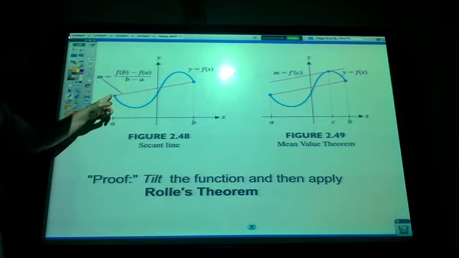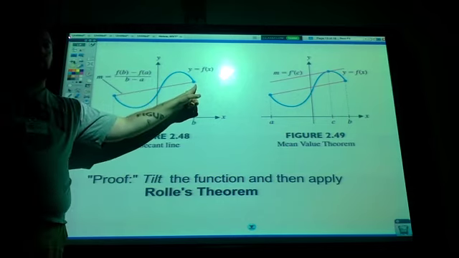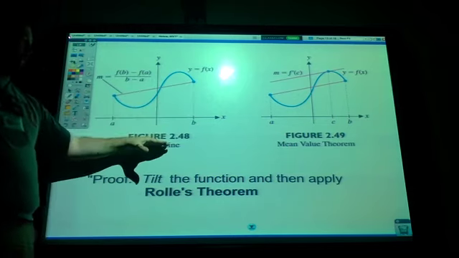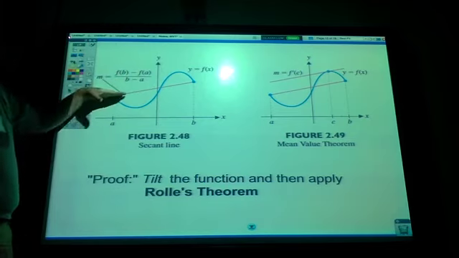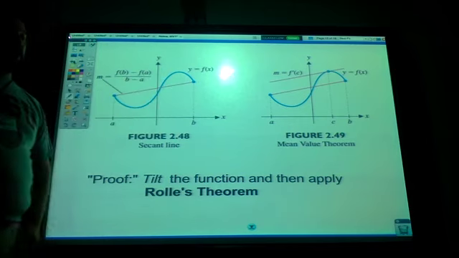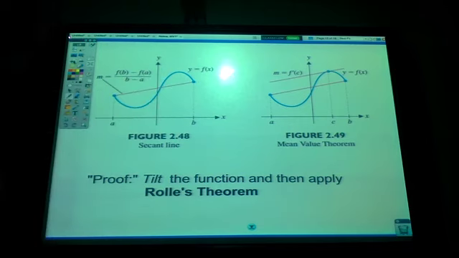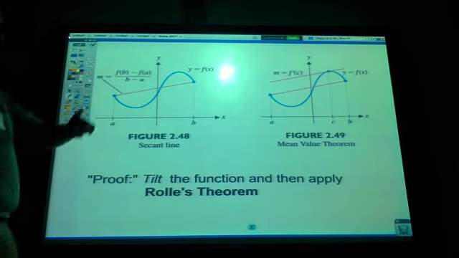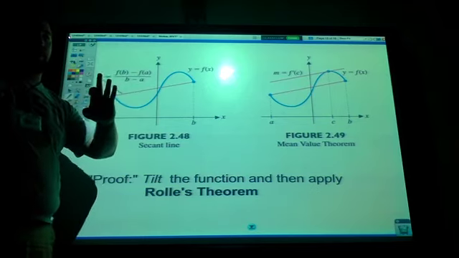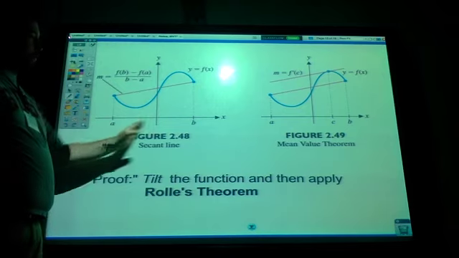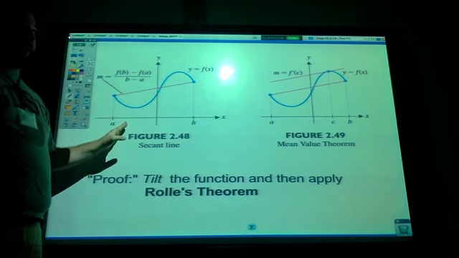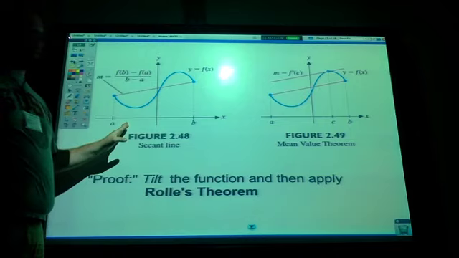If I take the line in between those two endpoints and find its slope, that's called a secant line. I find its slope by saying (f(b) - f(a)) / (b - a). What the mean value theorem guarantees is that there exists at least one point, could be two, could be three, could be more, in between a and b so that its tangent line has exactly the same slope.